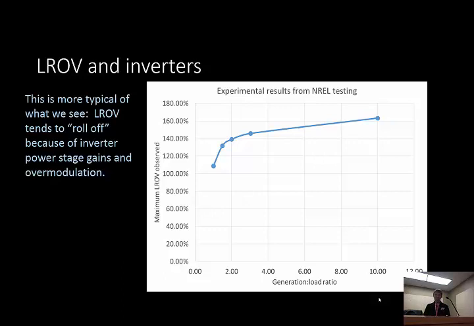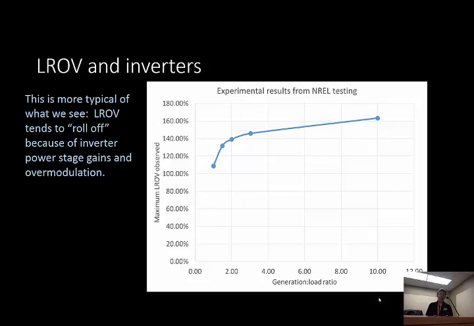This one kind of sort of does. And as we start looking at this, notice that you get up to a 10-to-1 generation to load ratio, and you've only got a 1.6 per unit overvoltage. Now, of course, that's high. I don't want to trivialize a 1.6 per unit overvoltage. But it's not nearly as high as you might have expected from the theoretical consideration, which would have predicted well over 3, right? Square root of 10.